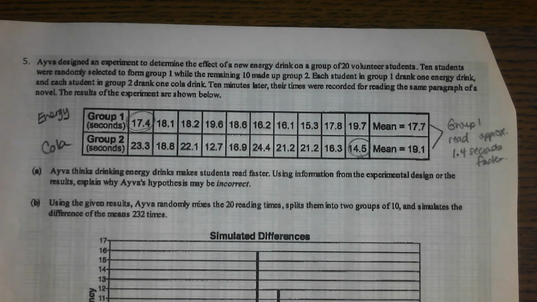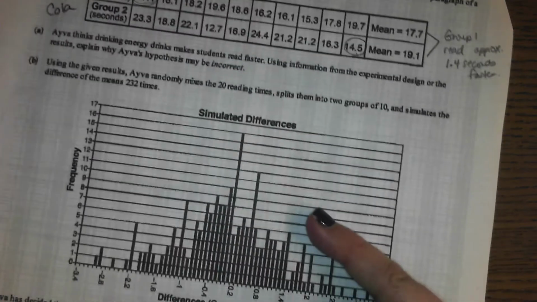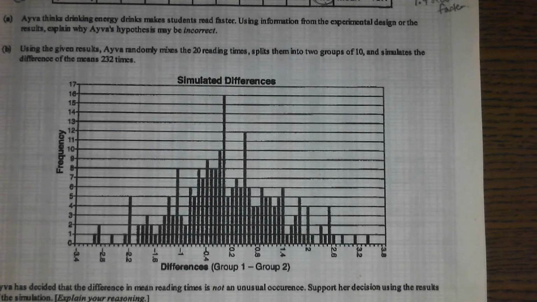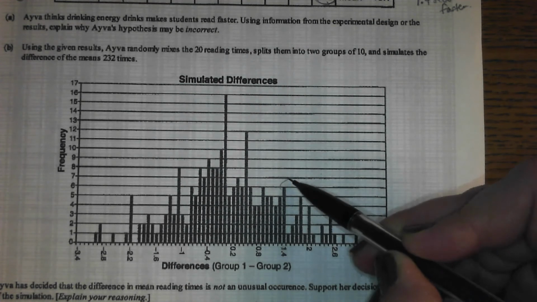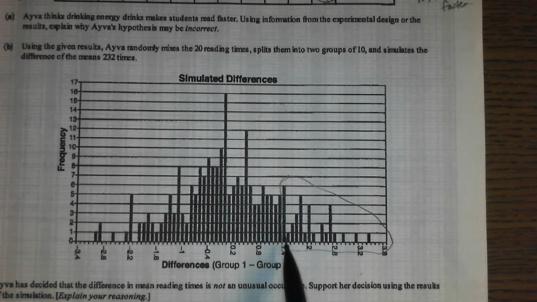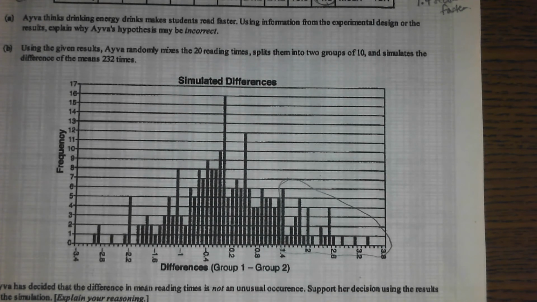But we really can't tell whether or not 1.4 is significant until we look at it on a simulation. So where does 1.4 fall on this simulation chart? Right here. Which means all of these results from 1.4 and beyond, so going towards the outer part of your graph, those are all the times that it truly did happen coincidentally.